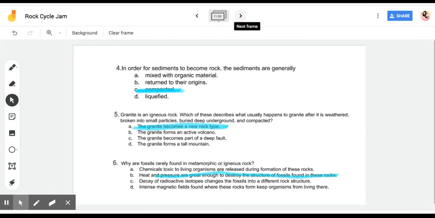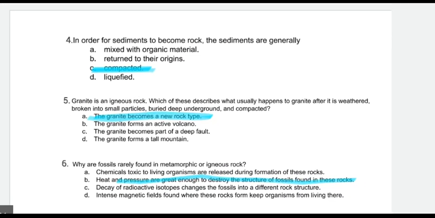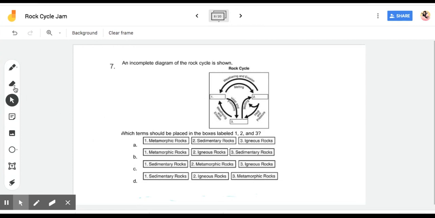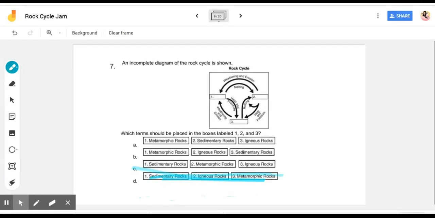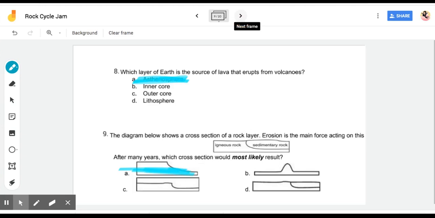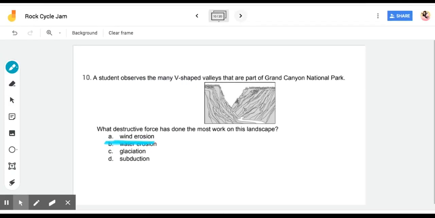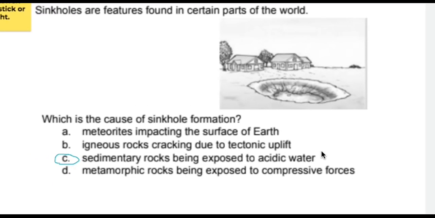Next, and the last but not the least, for number 10, the answer is letter B. And here's a copy of weathering and erosion answers.